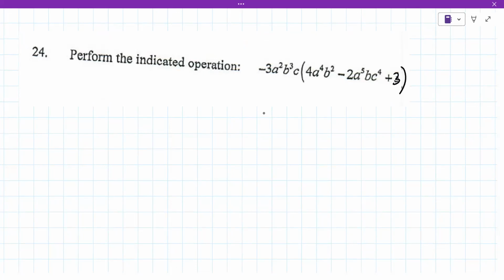So minus 12 a to the 6 b to the 5, minus or plus 6 a to the 7 b to the 4 c to the 5. Oh, wait, no. I'll try the c in it.